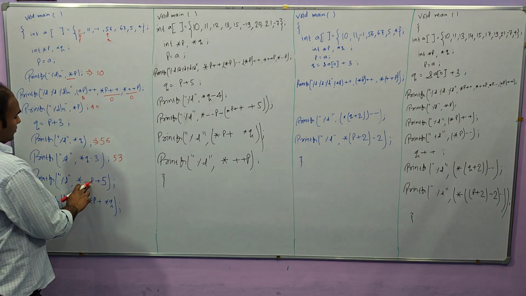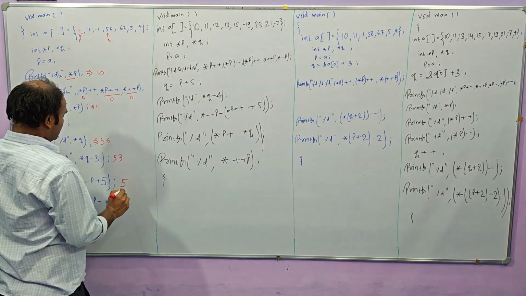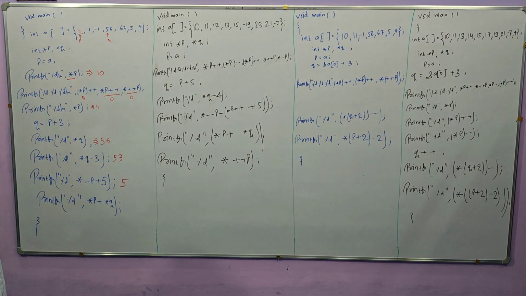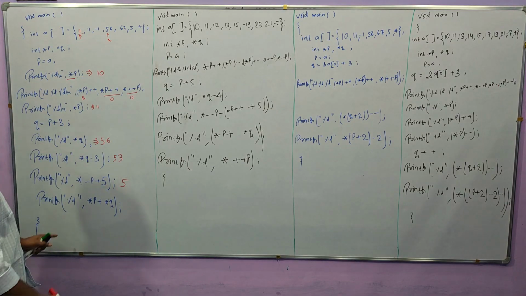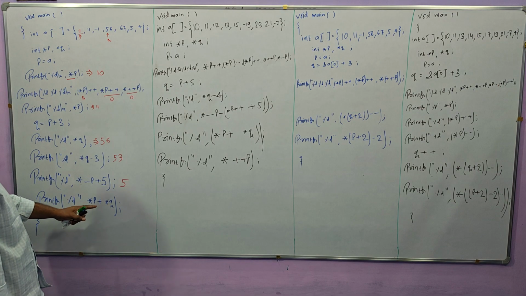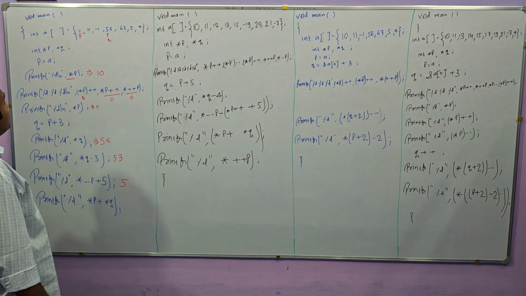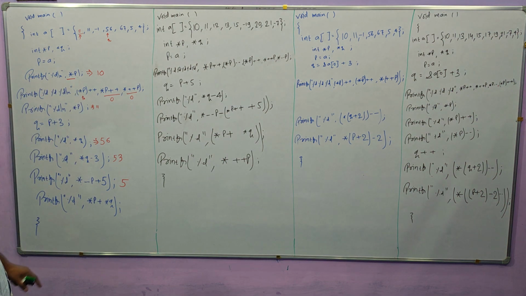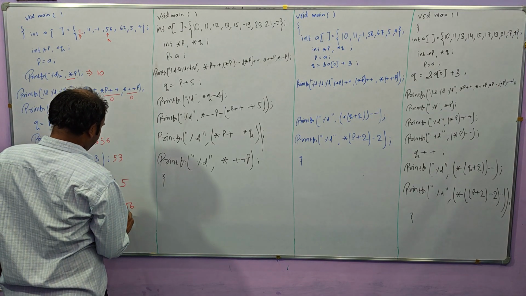No, this is not 0 plus 5, that is 5, and it points to 0. Now this becomes *p plus *q. Our q is pointing to 56, plus 0, that becomes 56.